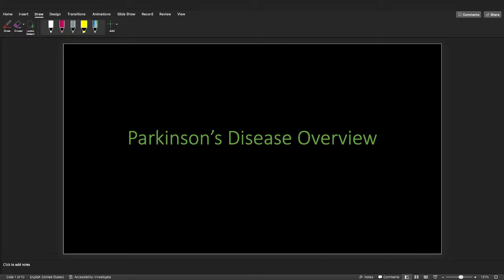Patients that have Parkinson's disease are usually those who have a very small amount of dopamine or are not able to respond to it.